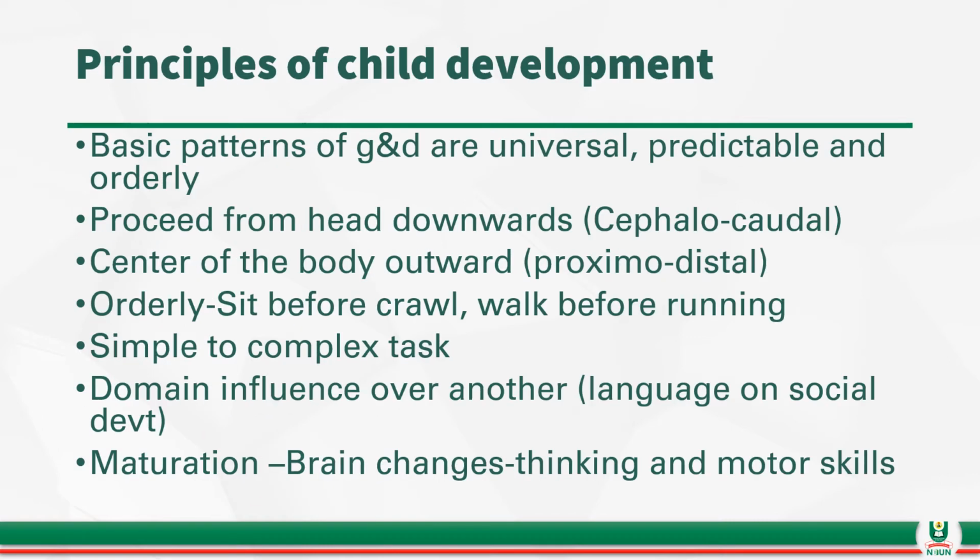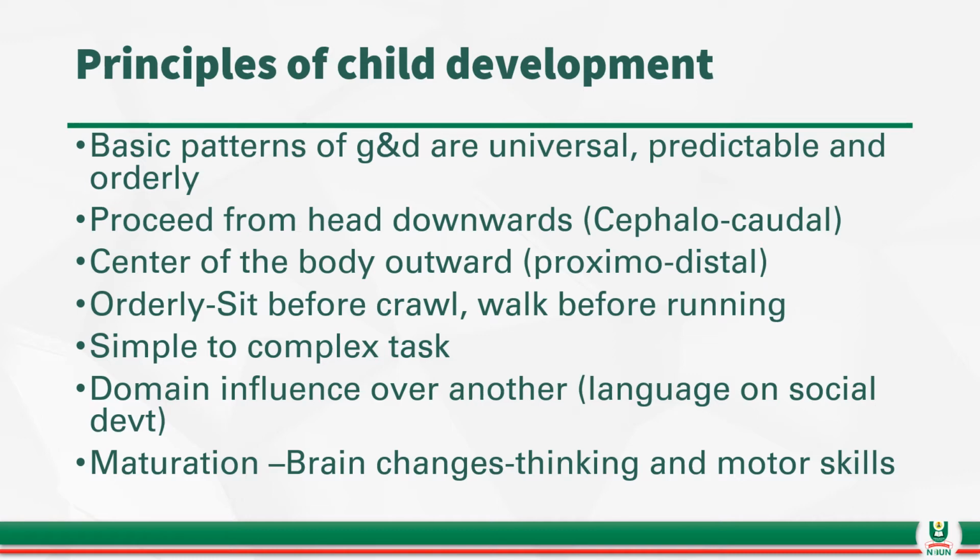So what are the principles involved in child development? Like I said earlier in the previous slide, the patterns of growth and development are usually in a normal way and are usually universal, that is international or global, and are predictable and orderly.